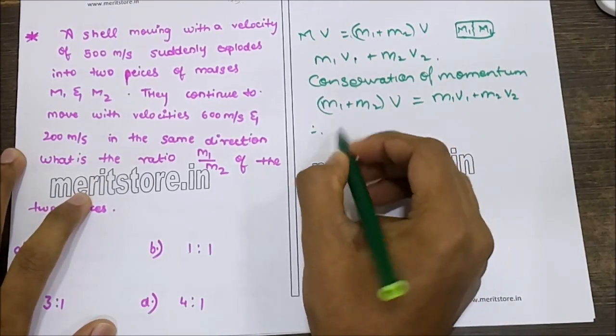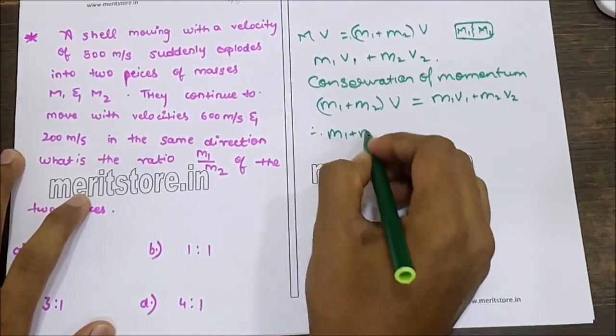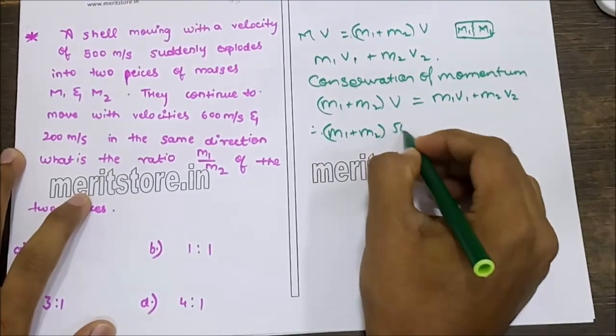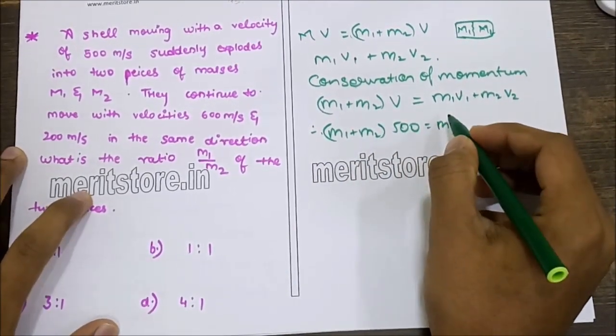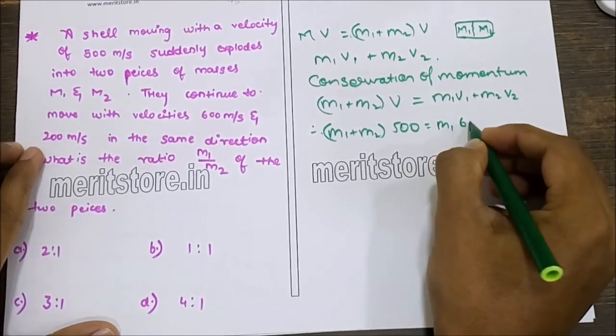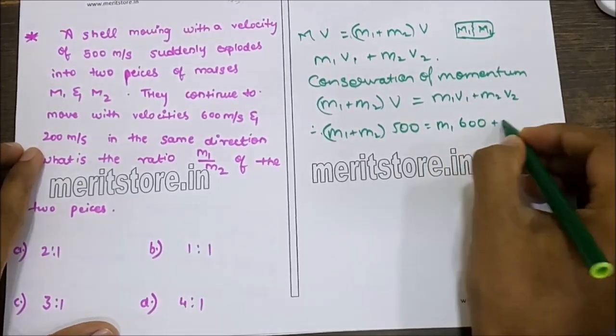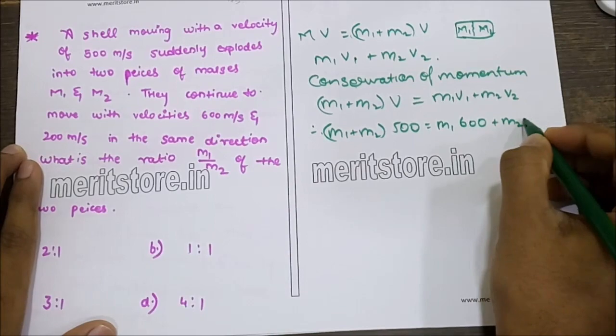Therefore, (m1 plus m2) times 500, which is the initial velocity, equals m1 into velocity v1, that is 600, plus m2 into velocity v2, that is 200.